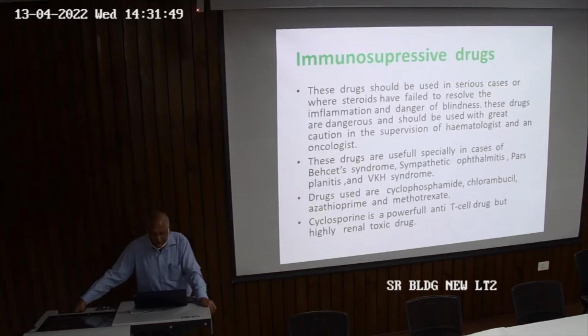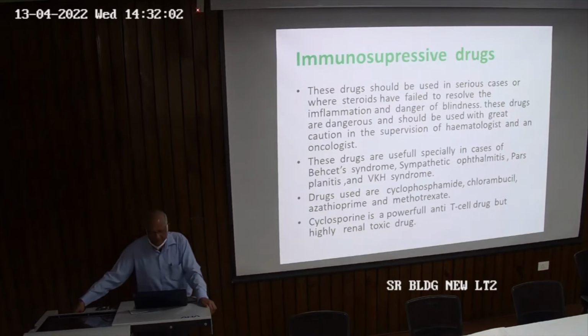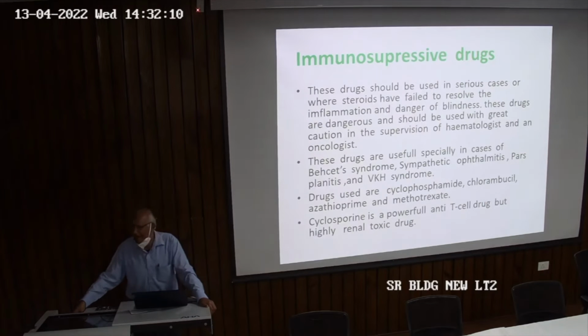These drugs are used especially in cases of Behçet syndrome, Stevens-Johnson syndrome, sympathetic ophthalmitis, where one eye is injured and the other eye gets involved, pars planitis with idiopathic etiology, and VKH syndrome, Vogt-Koyanagi-Harada disease.